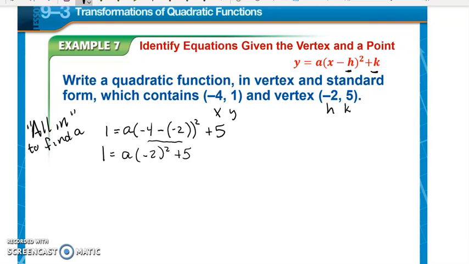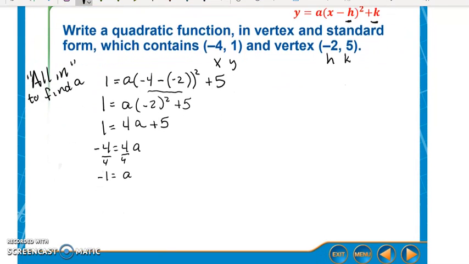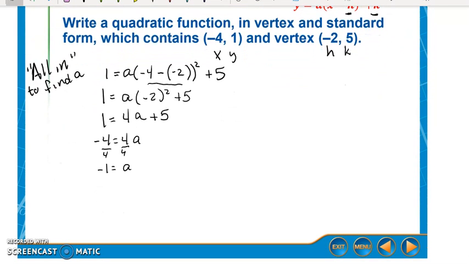So we've simplified the parentheses. Now we do the exponents. 1 equals 4a plus 5, because negative 2 times negative 2 is 4. Then I'm going to take away 5 from both sides and get negative 4 equals 4a. And then divide both sides by 4. Negative 1 equals a.